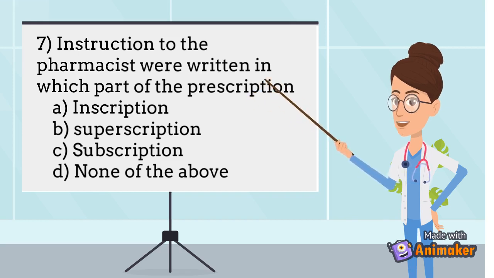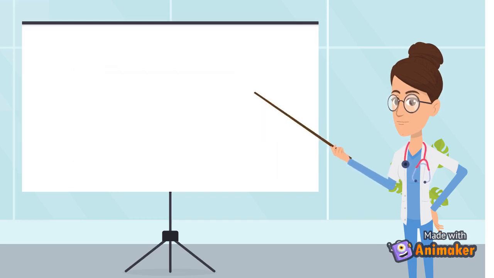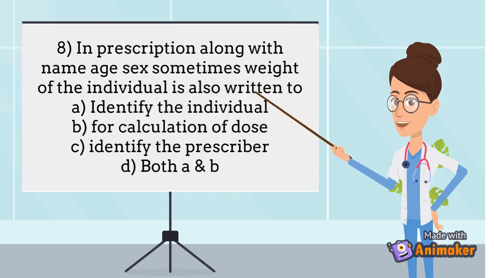C. Subscription. D. None of the above. In prescription along with name, age, sex, sometimes weight of the individual is also written to A. Identify the individual. B. For calculation of dose. C. Identify the prescriber. D. Both A and B.